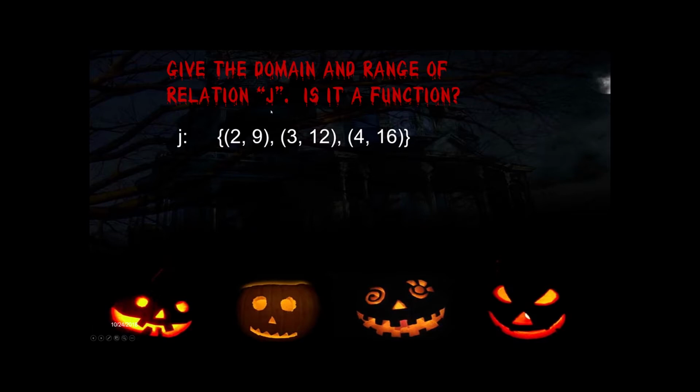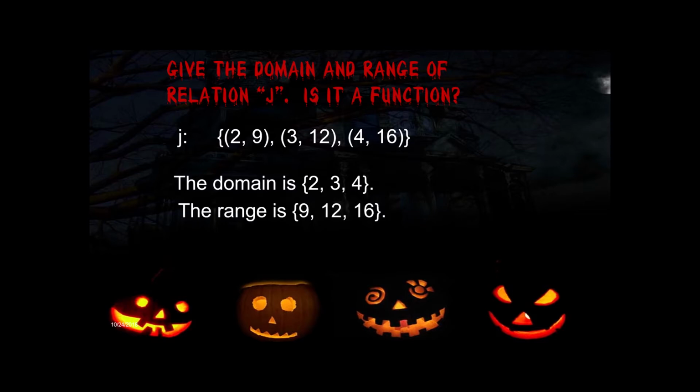Looking at those coordinates, 2 mapping to 9, 3 mapping to 12, and 4 matching to 16, can you identify the domain? Remember, the domain is the first item in each coordinate. So in this case, the domain is 2, 3, and 4. Can you find the range? In this case, the range is 9, 12, and 16.